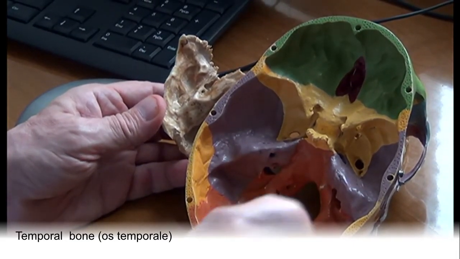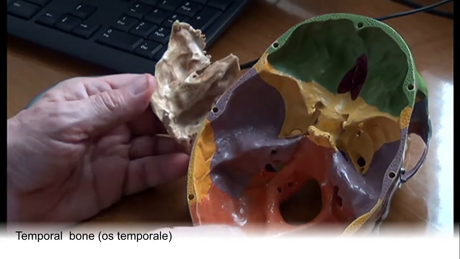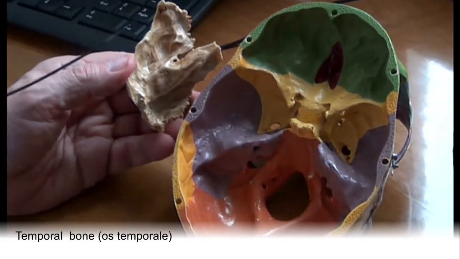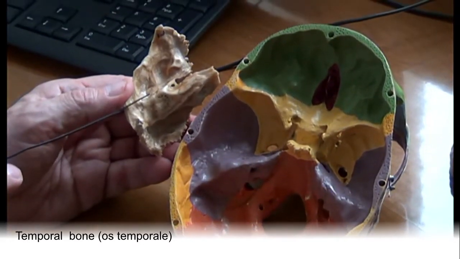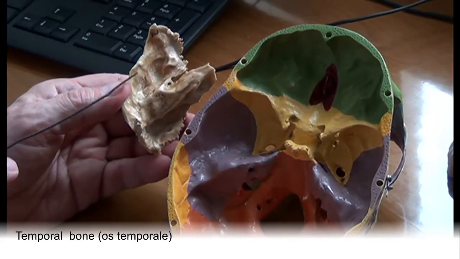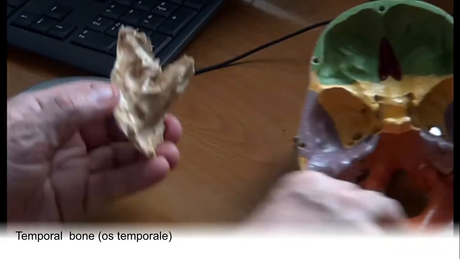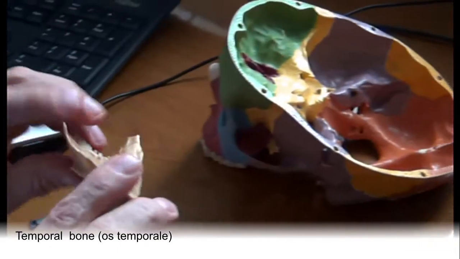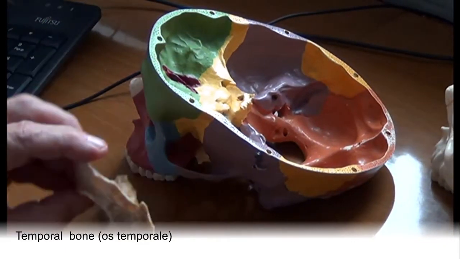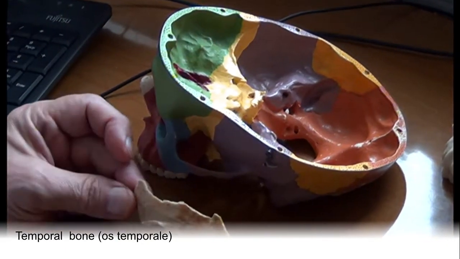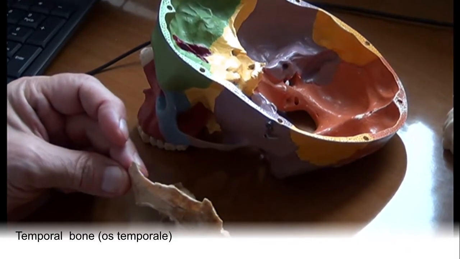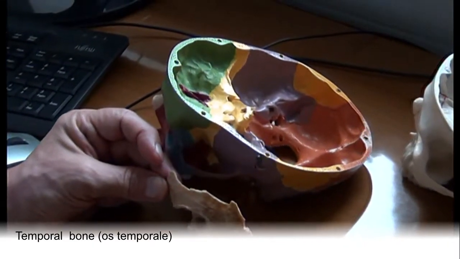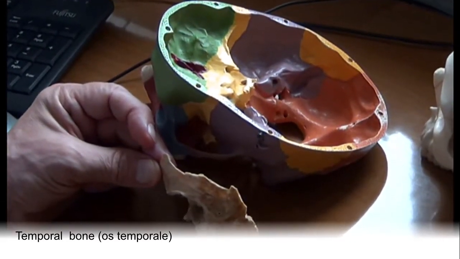And I hope you can see the main parts of temporal bone. Let's try to find them. First of all, I turn the skull with the lateral aspect and we shall compare these two specimens.